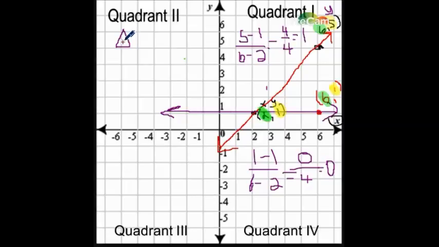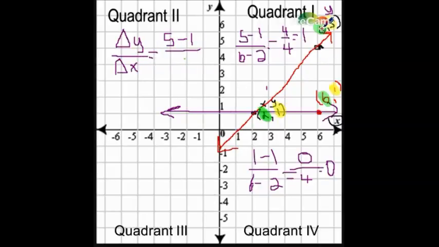I know, crazy, right? A triangle means change or subtract. I would subtract my y numbers in my ordered pair. So that's the change in the y numbers. So that would be 5 take away 1. Over a fraction, the change in the x numbers, or subtract the x numbers.